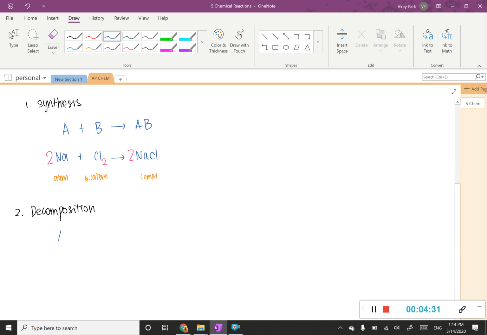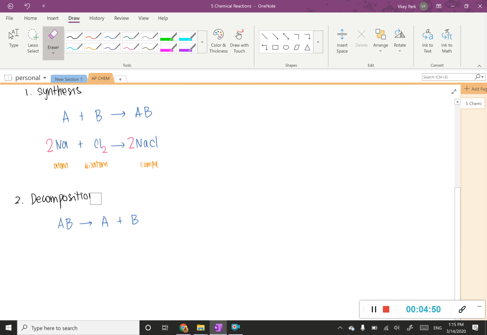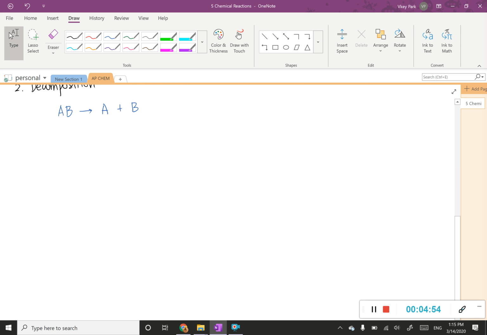Chemistry is all about reactions, the spark between 2 individuals, whether they're atoms or humans or whatever. So we have AB, and we are just breaking them apart, and they break up into A and B, right? Literally, decomposition is the opposite of synthesis.